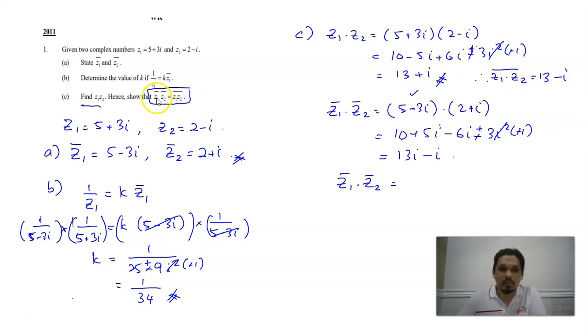So again, Z1 bar multiplied with Z2 bar is equal to Z1 multiplied with Z2 bar, 13 minus i. Sorry, there's no extra i. 13 minus i.